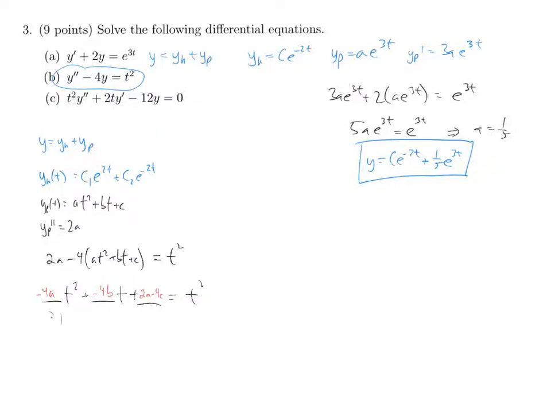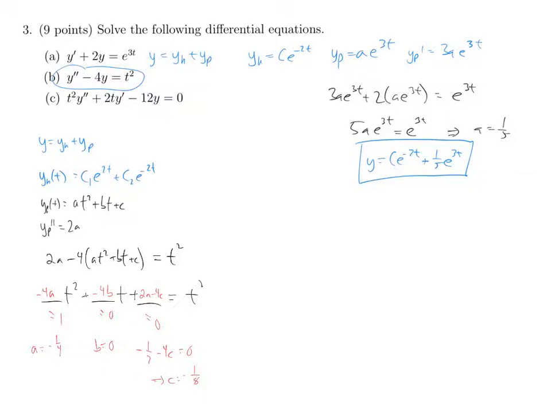This has to equal 1, so a equals negative 1/4. This has to equal 0, so b equals 0, and this has to equal 0. So what that means is 2a, which is negative 1/2, minus 4c equals 0. That means that c equals negative 1/8.